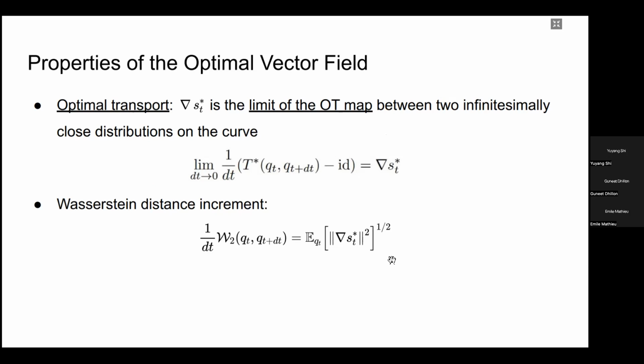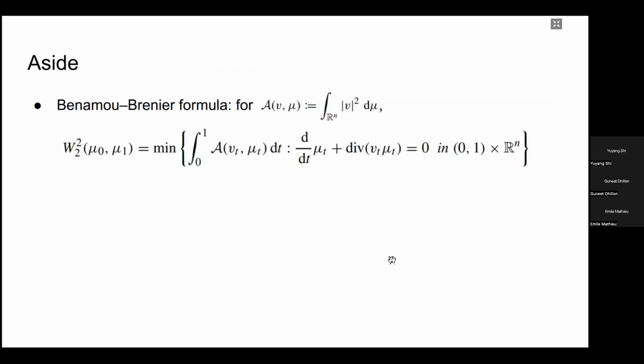So you can already say a lot given this optimal solution, grad of s_t star. As an aside, these theories are also very related to the more general optimal transport and gradient flow theories.